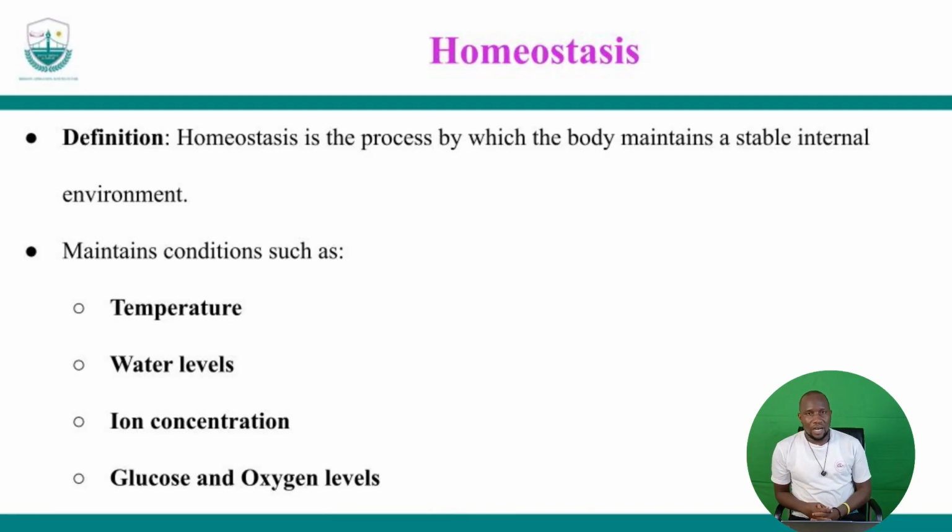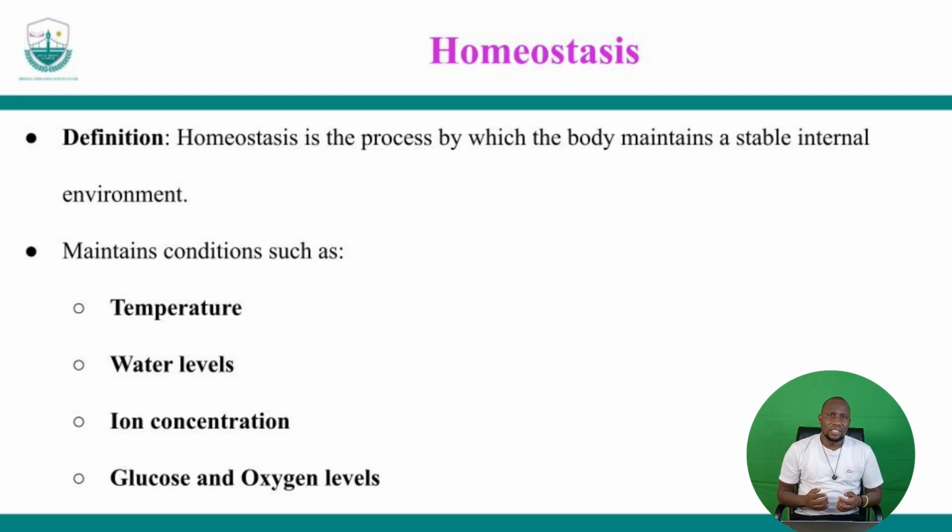definition of the term homeostasis is that it is a process by which the body keeps the internal environment stable or constant. The meaning of that is that within the body, you have a number of changes that are happening.